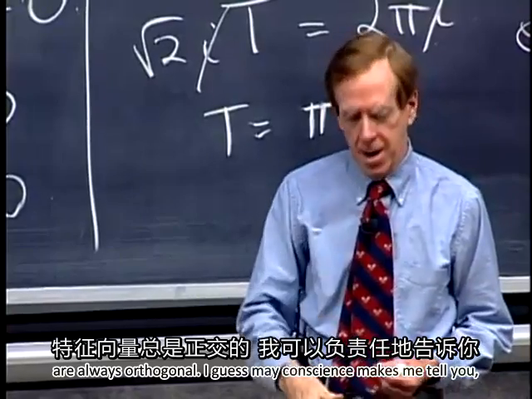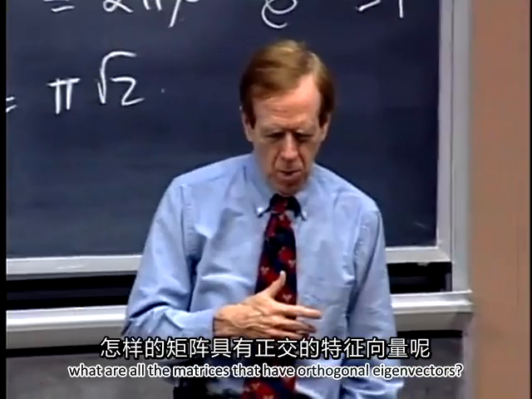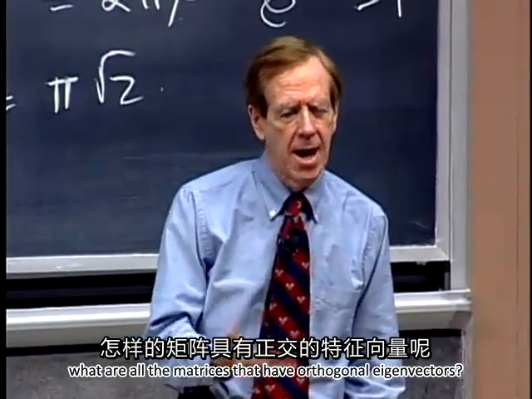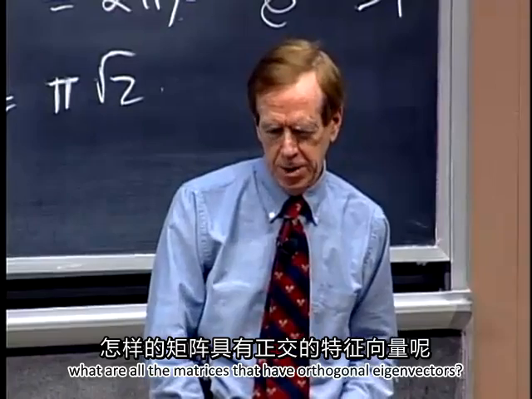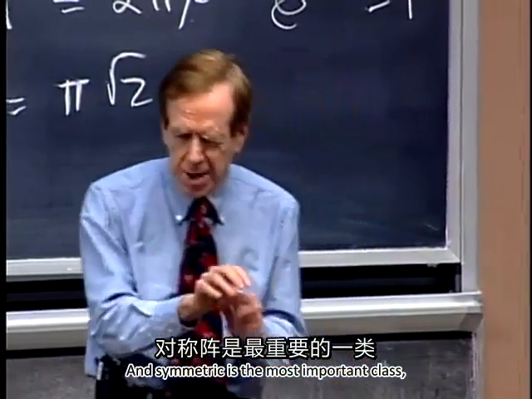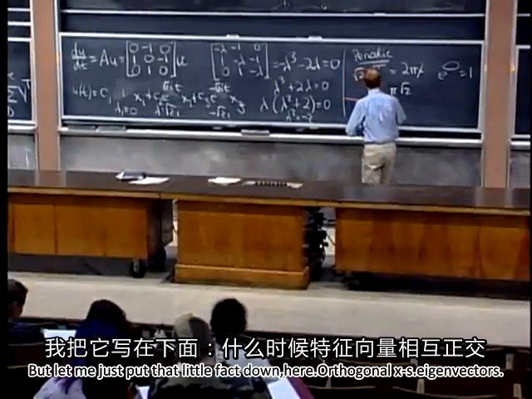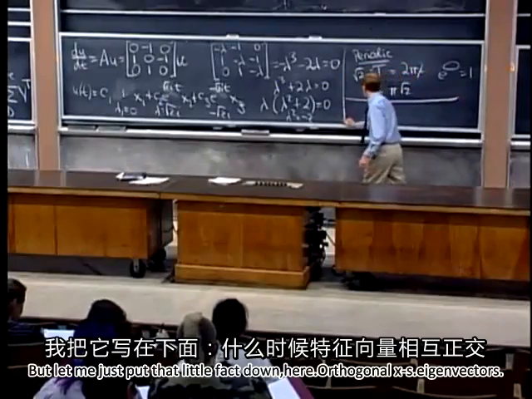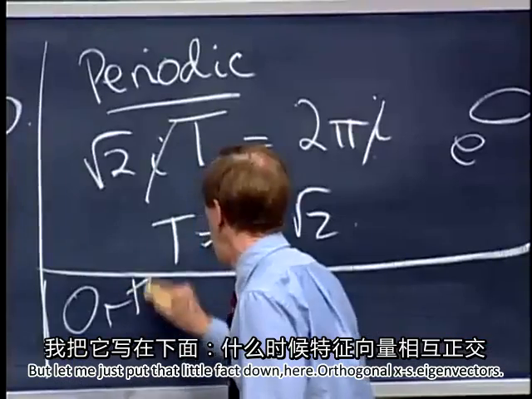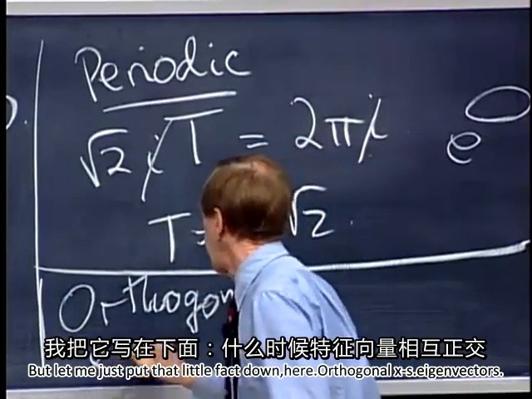I guess my conscience makes me tell you, what are all the matrices that have orthogonal eigenvectors? Symmetric is the most important class. So that's the one we've spoken about. But let me just put that little fact down here. Orthogonal eigenvectors.